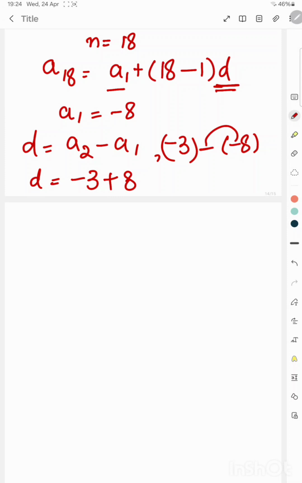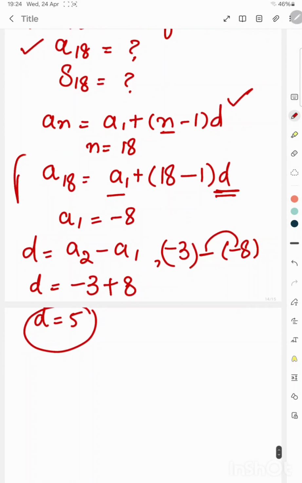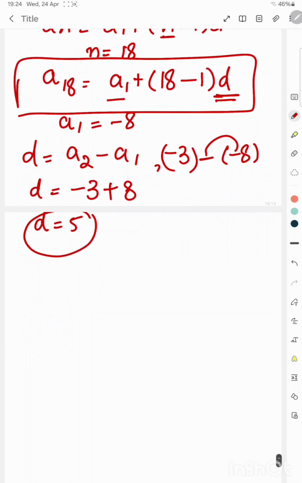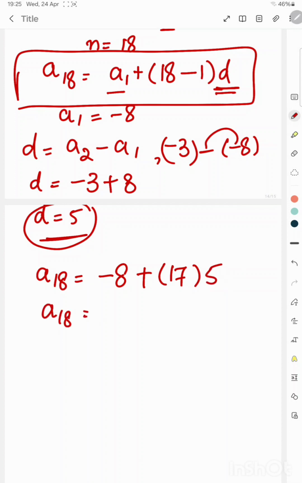Minus 3 plus 8 is equal to 5. So here d is equal to 5. So we have found the value of d, and we have to just put all values in this formula. So here a18 is equal to, a1 is the first term which is minus 8, plus 18 minus 1 which is 17, times d which is equal to 5, and we have to just solve it.